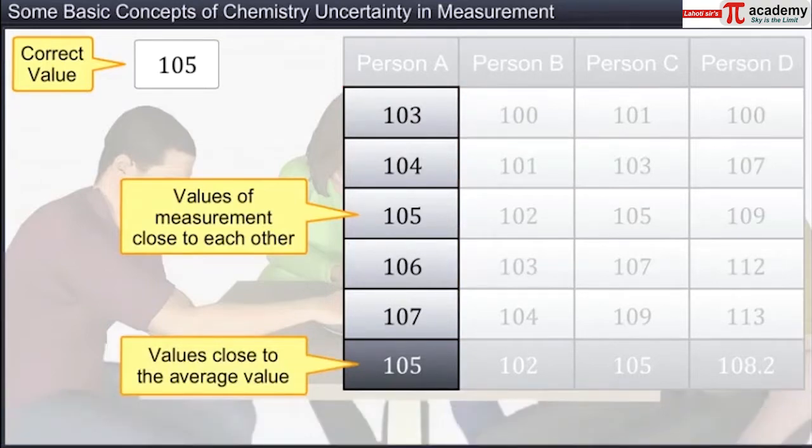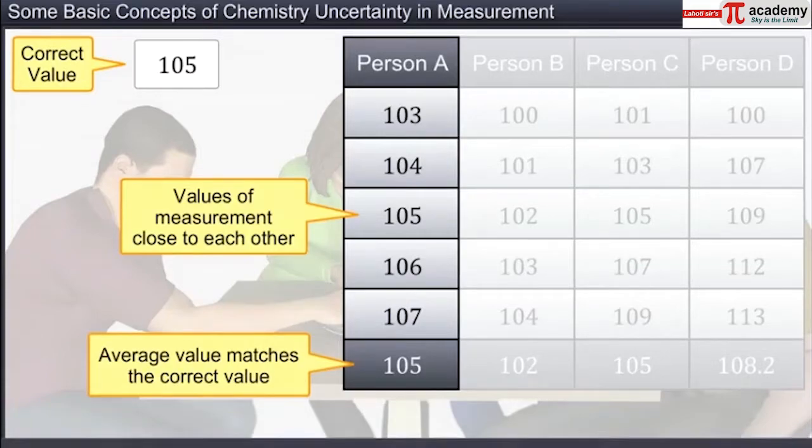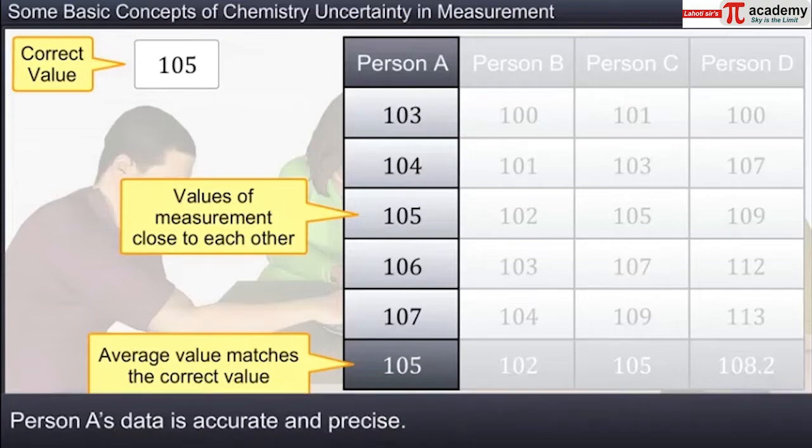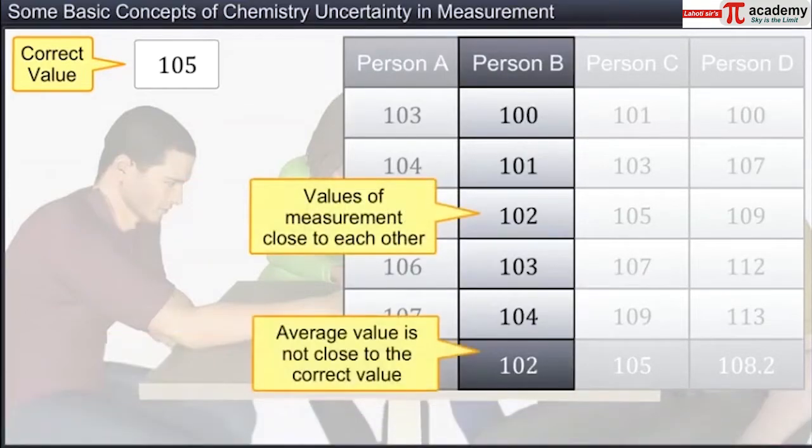Let's look at the data to understand what it shows us. For person A, the average value matches the correct value. Also, the values of different measurements are close to each other. Hence, we can say that A's data is accurate and precise. For person B, the average value is not close to the correct value, but the values of different measurements are close to each other.